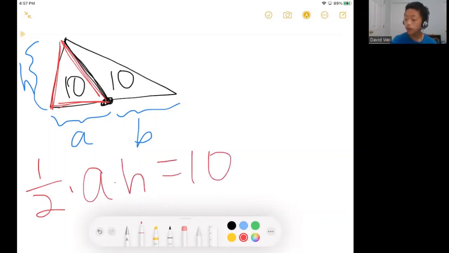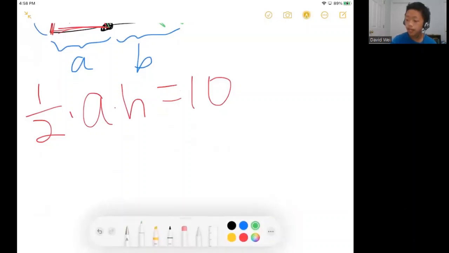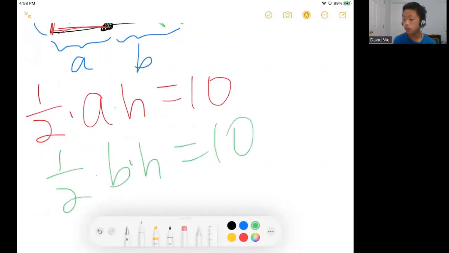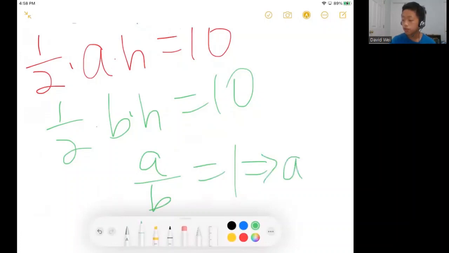Similarly, for this green triangle, the base is B, but the height is still H, so the area is 1/2 B times H, and this also has to equal 10. If you divide these 2 equations, you get A over B equals 1. In other words, A equals B.